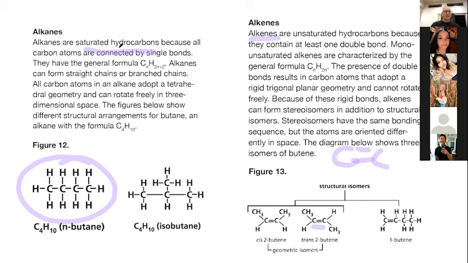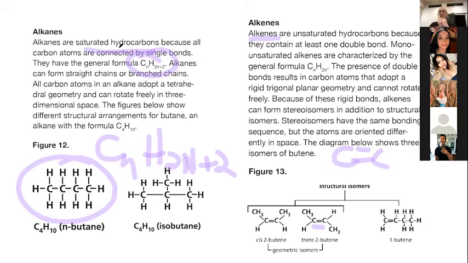So alkanes have this general formula. If you have n number of carbons, you have 2n plus 2 hydrogens. So if I have 4 carbons, I have 2 times 4, 8 plus 2, 10 hydrogens. It doesn't always because they're all single bonds.